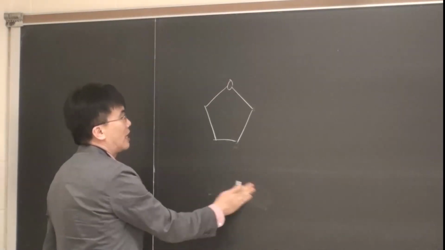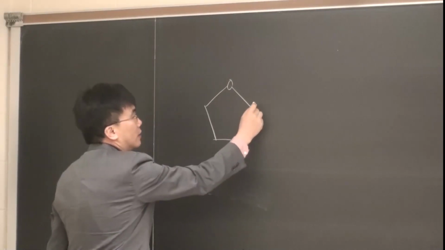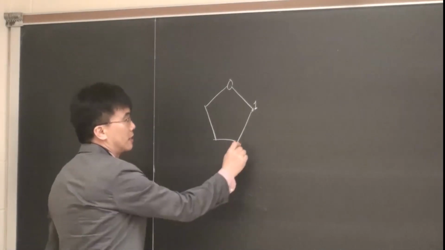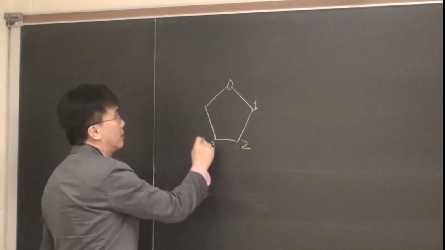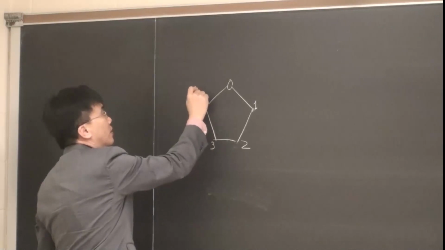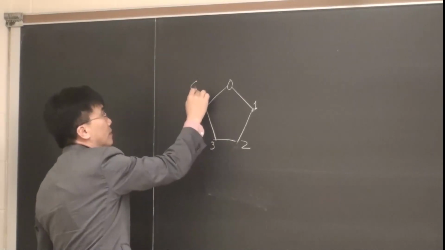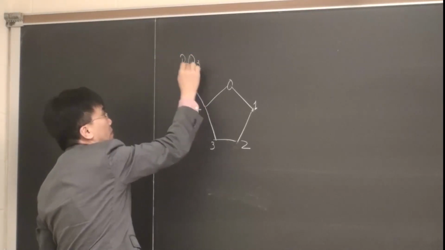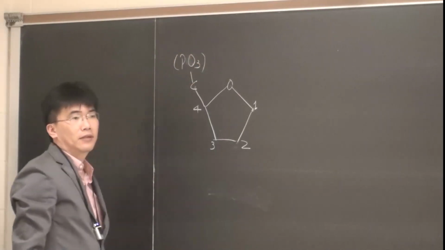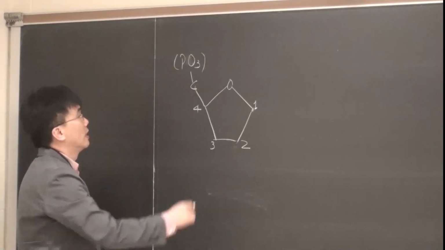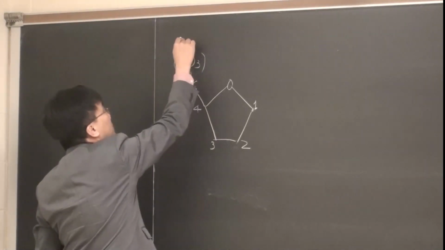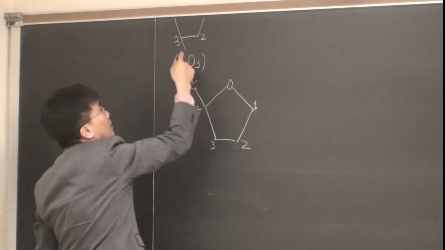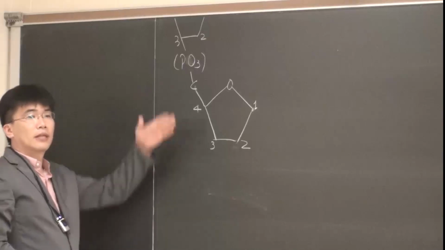For this ribose group, there's a numbering for the carbons. This is carbon 1, this is carbon 2, 3, 4, and then there's another carbon here, and then it connects to PO3, phosphate, negatively charged, and then it connects to the third carbon of the next unit.